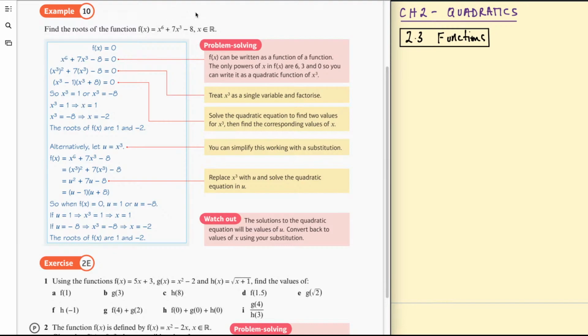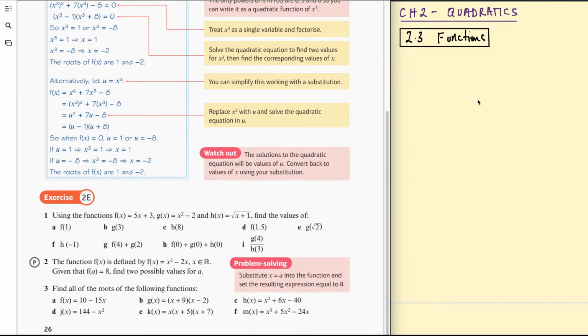We did examples like this in the last section of this chapter. It is still a function that we can write in quadratic form by writing x to the power 6 as x cubed squared, and then we can factorize this just as we would a quadratic. Set it equal to 0 and then find the roots that way. Okay.